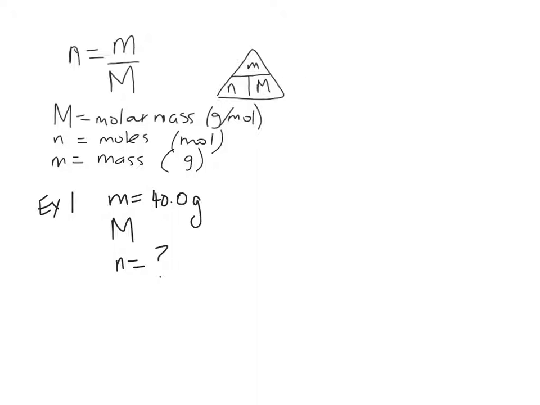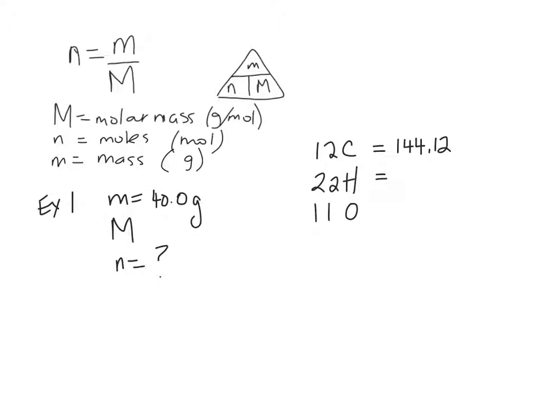So we've got 12 carbons, 22 hydrogens, and 11 oxygens. So what is 12 times the molar mass of carbon? Twelve times 12.01. Beautiful.